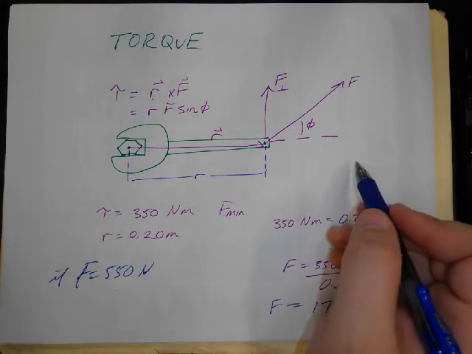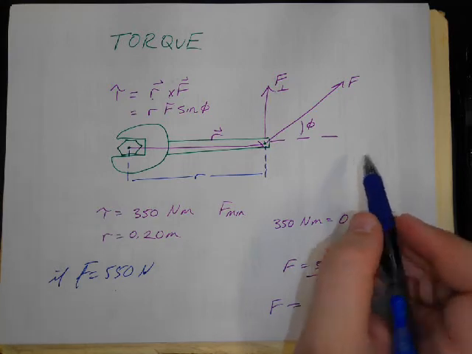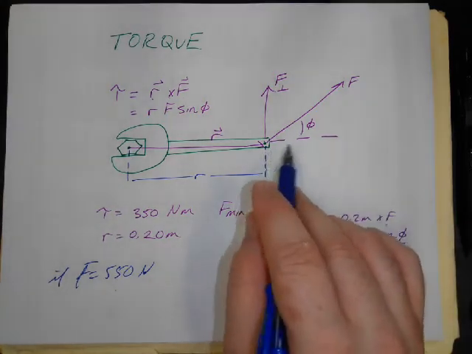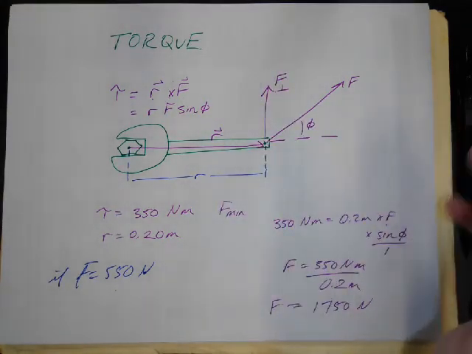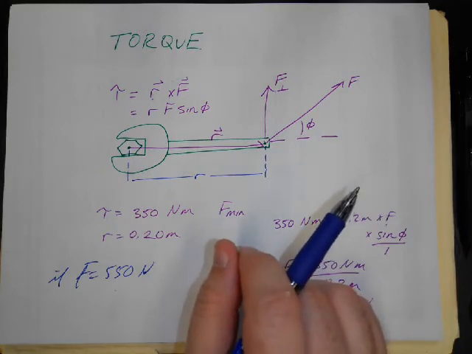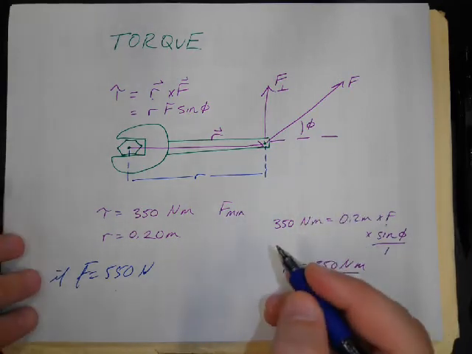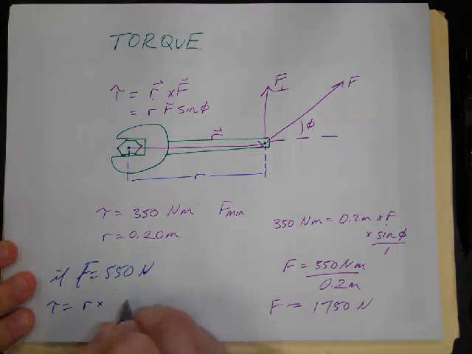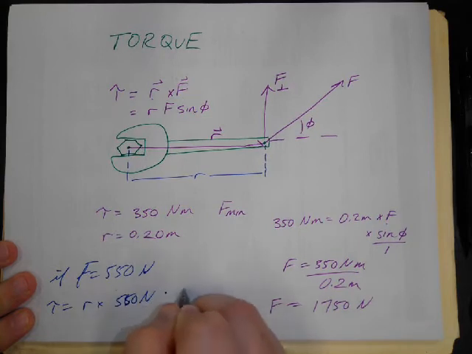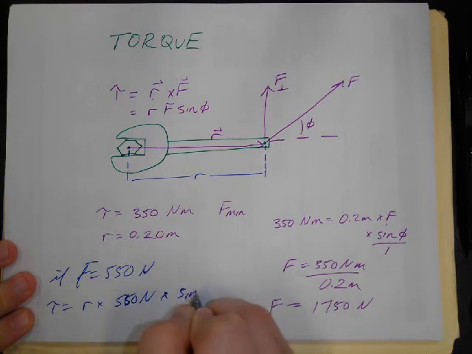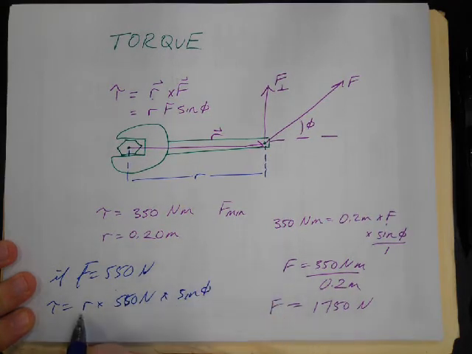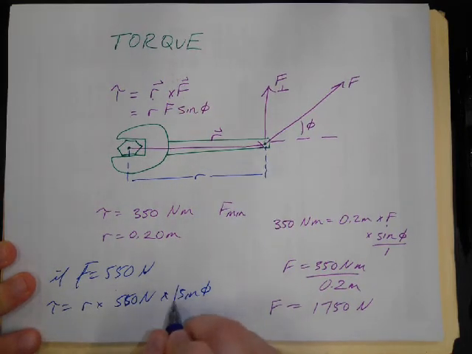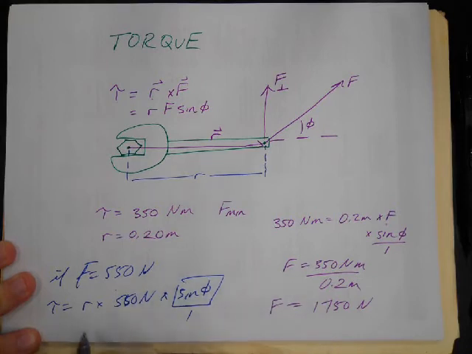You can put a cheater bar on your wrench, and that's just a pipe you slide over the handle and makes it longer. So we can change the length of the wrench. So our torque is R times 550 newtons times sine of phi, but we can also make this be 1.